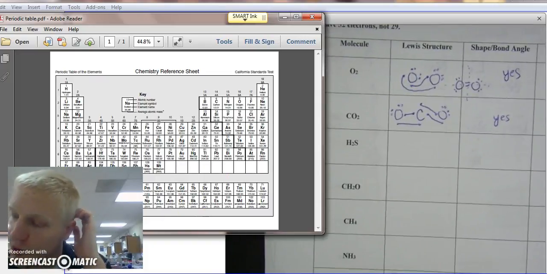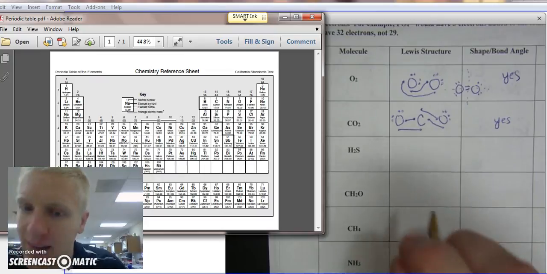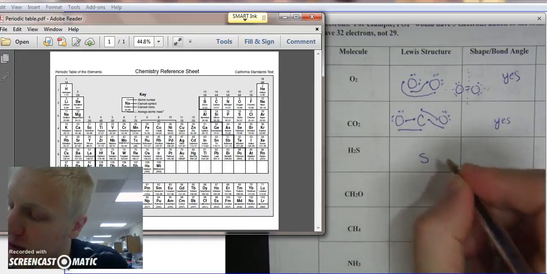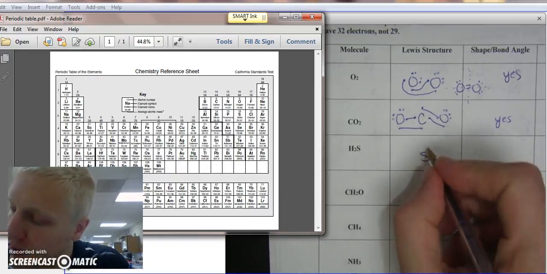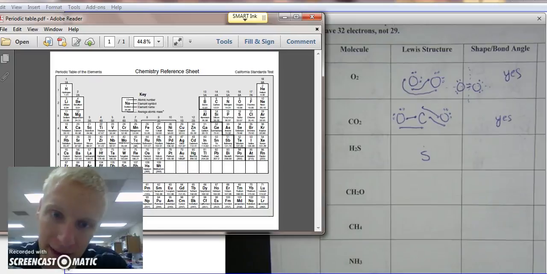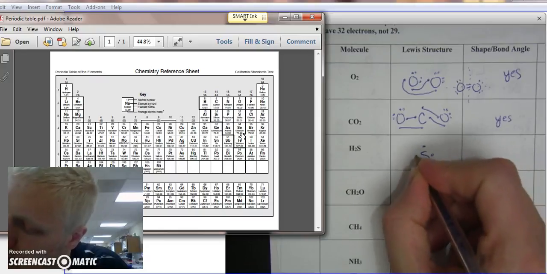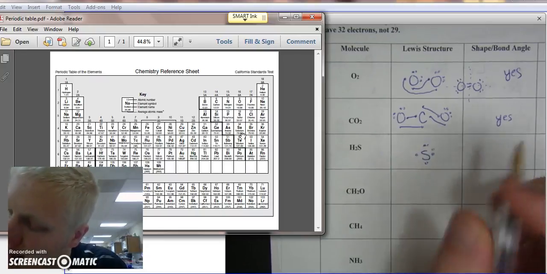Alright, doing another example, let's do H2S. So this one has 3 atoms again, however there's one that's in least supply. That's going to be the center one, which is sulfur. And sulfur has, well, it has 6, right? It's in the oxygen group 6A. So it has 1, 2, 3, 4, 5, 6.